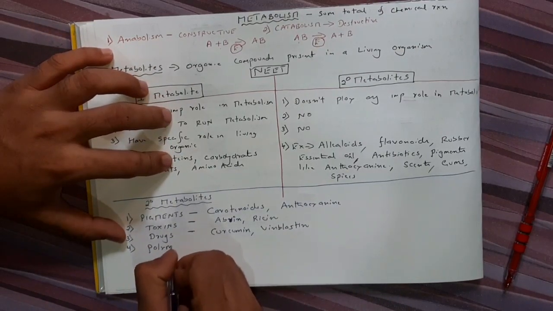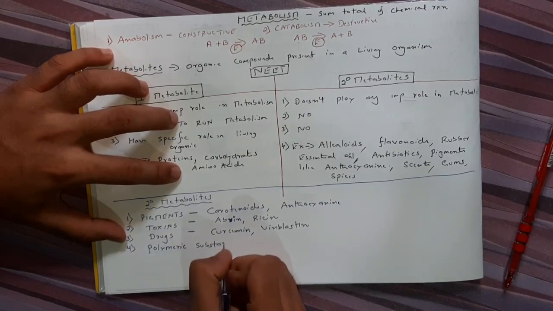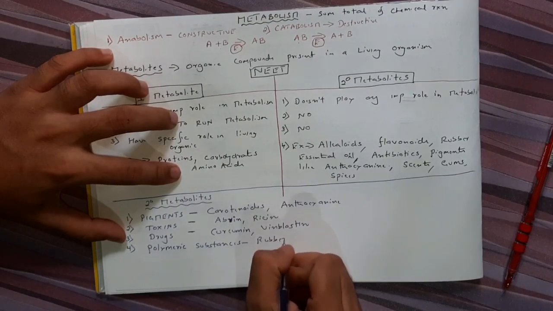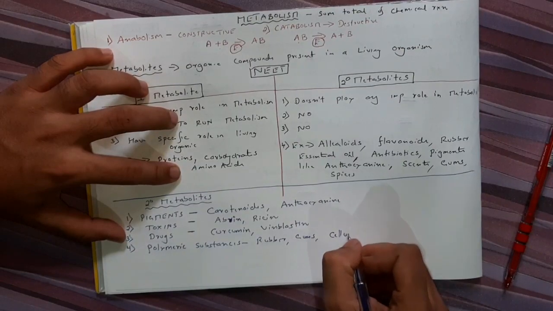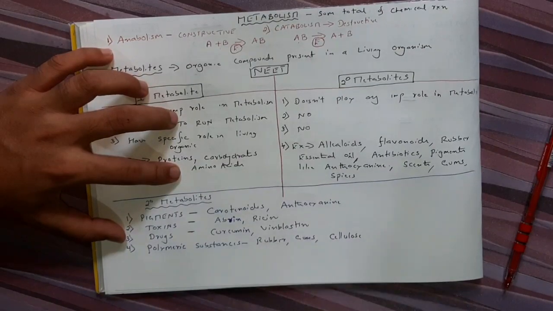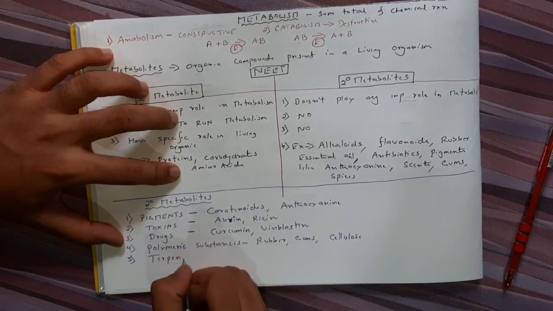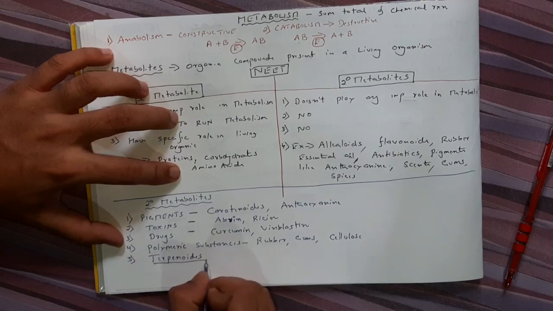The next one, polymeric substances. That is nothing but rubber, even the gums, even cellulose. Next one, let me write, terpenoids. This is very important. You may get a question on terpenoids. So we put a box here.